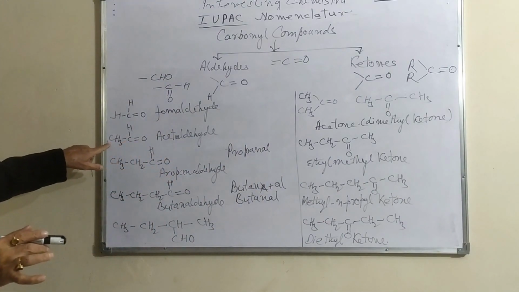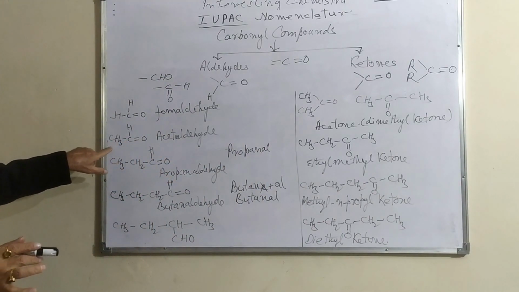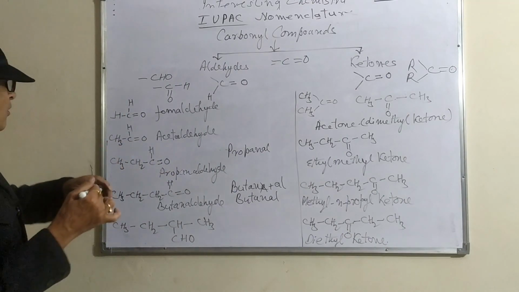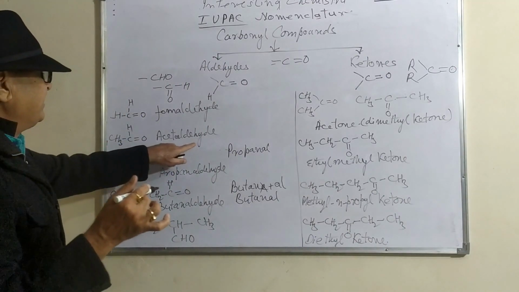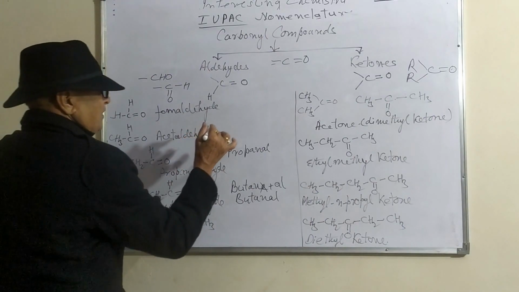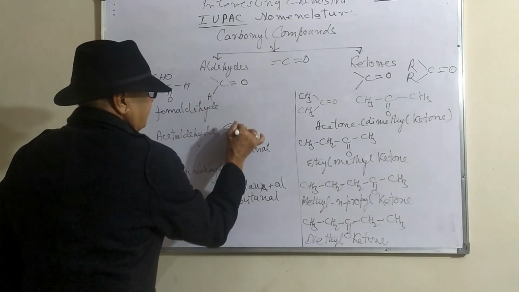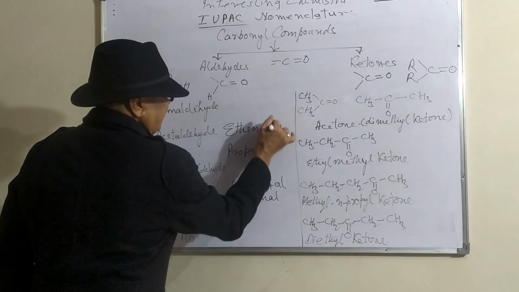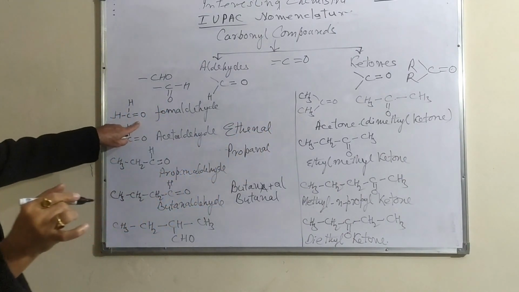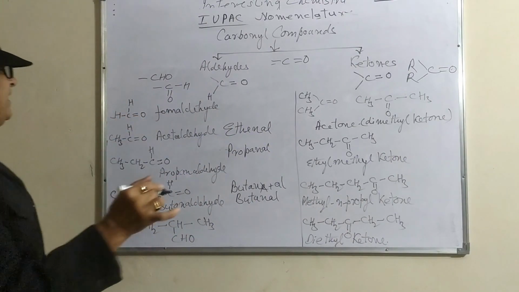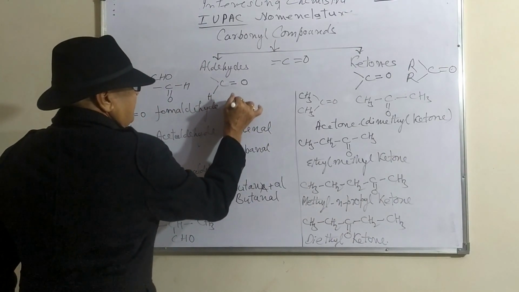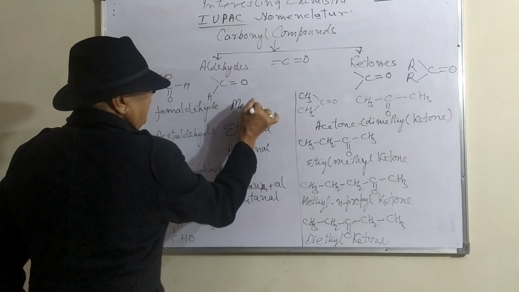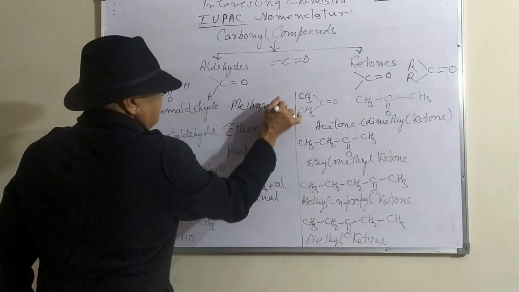And here only 2 carbons, so the name of acetaldehyde in IUPAC will be ethanal. And the name of formaldehyde in IUPAC will be methanal.